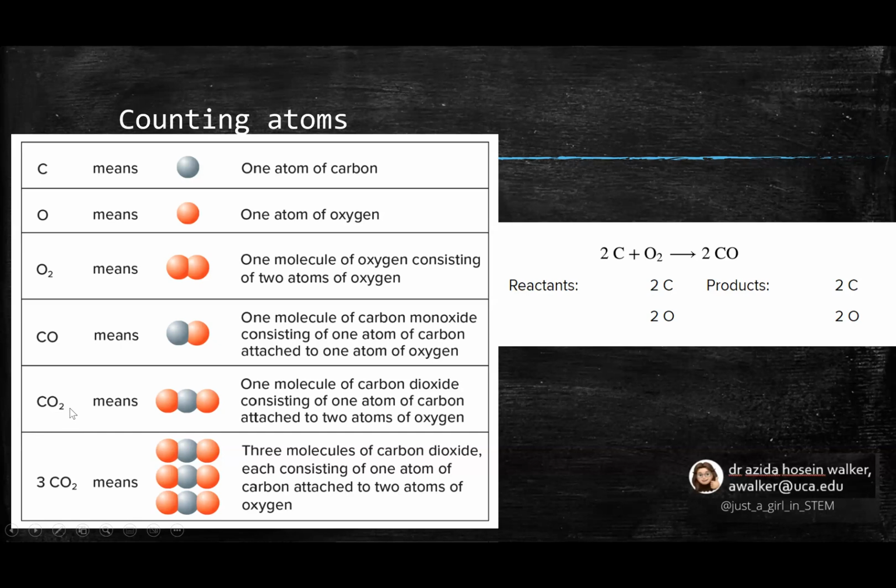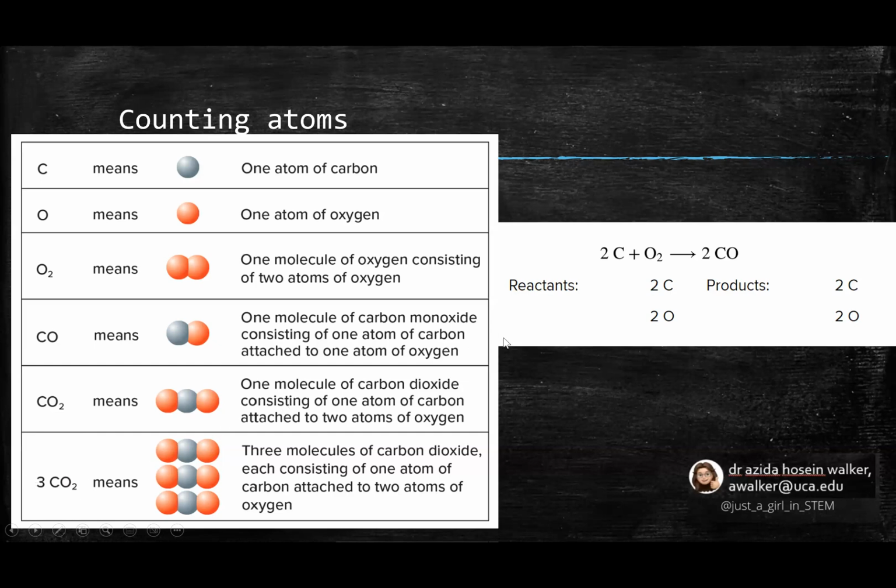Carbon dioxide, well, we breathe that in from the air. It's not very harmful to our bodies. Of course, we can't survive on carbon dioxide alone. 3 CO2 means we have 3 molecules of carbon dioxide. And in that, each molecule of carbon dioxide has 1 carbon and 2 oxygen. So we have that 3 times.